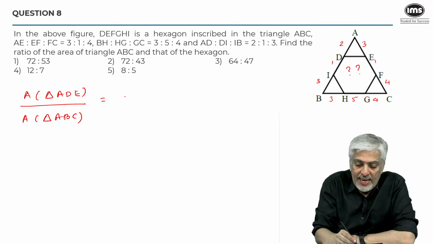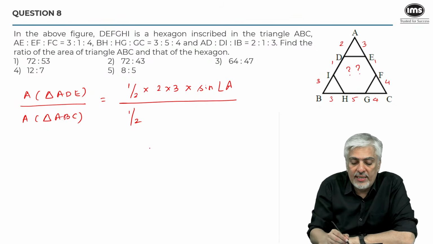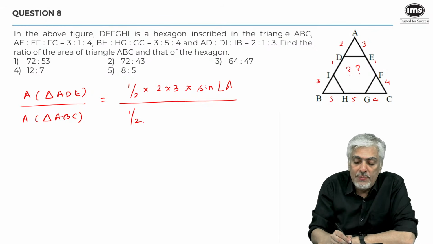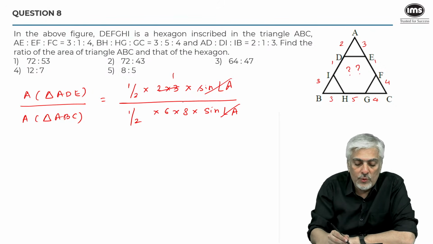So, area of triangle ADE can be written as half into 2 into 3 into sine of angle A. Area of triangle ABC, full triangle is half into same angle A I want to use. So, it will be 2 plus 1 plus 3. Taking AB and AC, so that will be 6 into 8 into sine of angle A. Sine of angle A cuts out. 6 ones are cuts out. So, answer is 1:8.